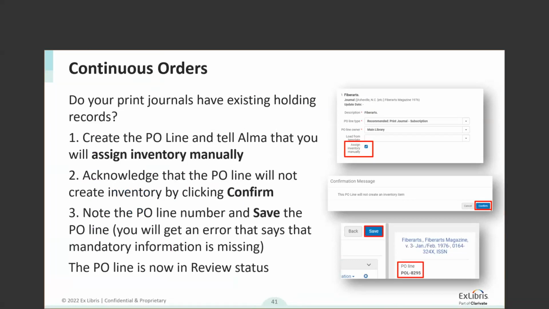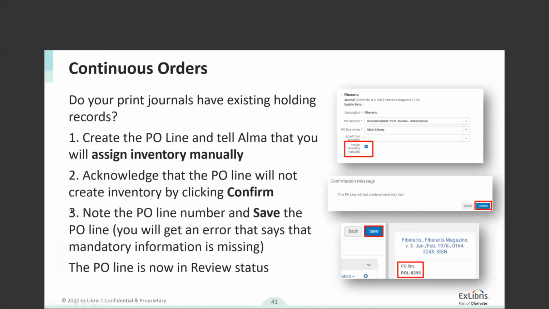Remember, if I make a new PO line, so you want to start using acquisitions, Alma's going to make a new holding. What you can do if you want to use your existing holding record is, when you're creating the PO line, check this box to assign inventory manually. You're going to get this confirmation message from Alma. You're going to say confirm, still create my PO line.